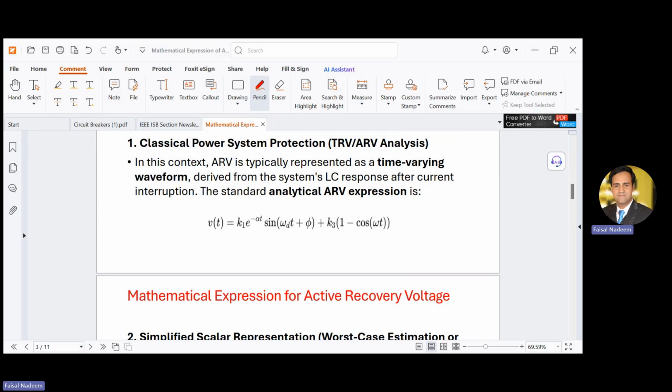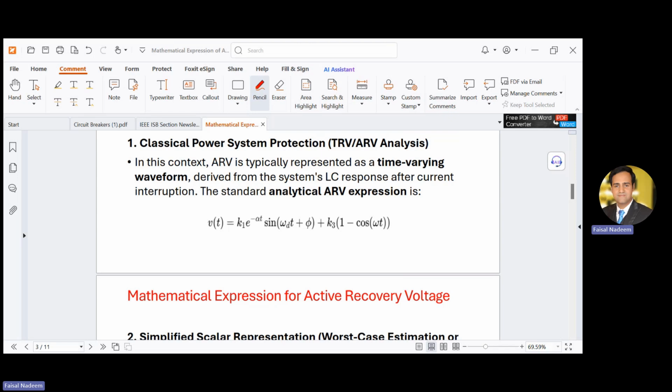So this is the main difference between both of them. Which one is correct? If you are modeling ARV over time or studying TRV, transient recovery voltage, for simulation or academic purposes, use the time domain expression.